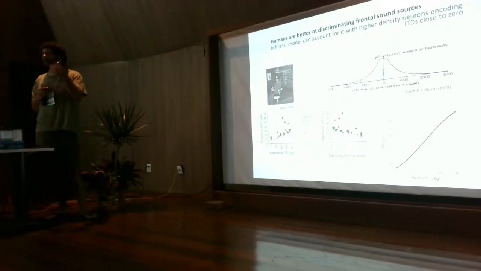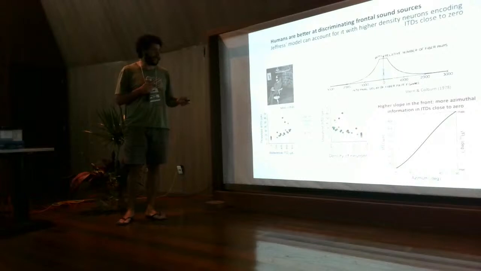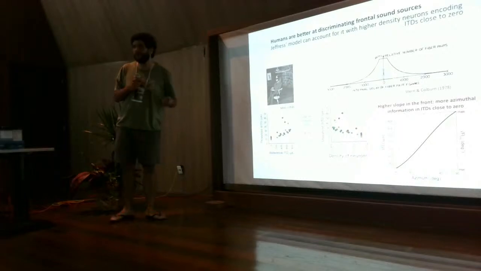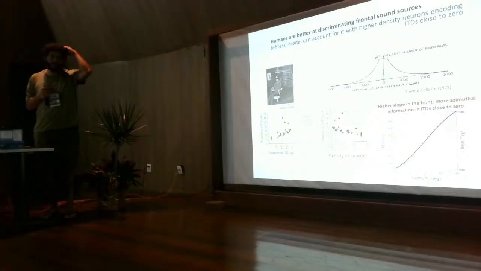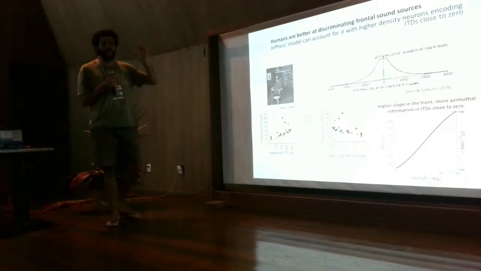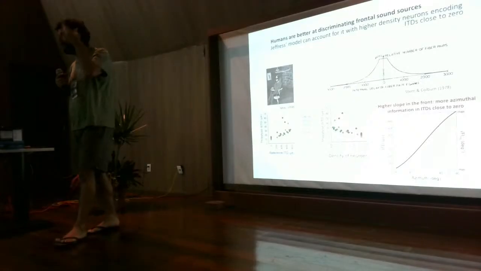So everything is matching in this idea, right? It also matches the amount of information, if you use a concept like Fisher information, right? You're trying to estimate an azimuth from measures of the time differences, right?